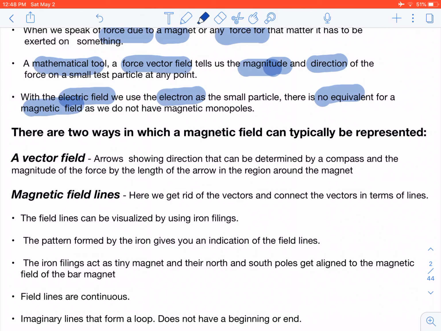The first one is a vector field, and here the arrows show the direction, and that direction can be determined by a compass.